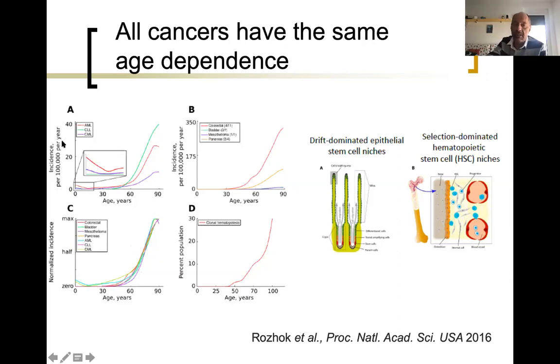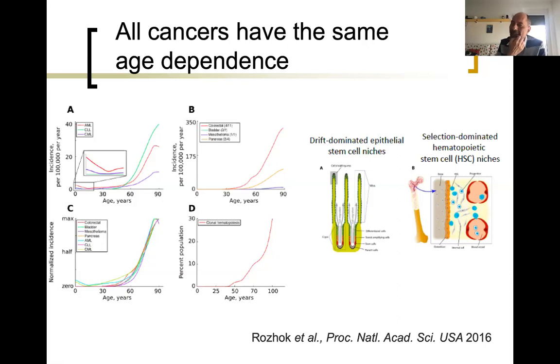Typically, this is seen in leukemia, especially acute myeloid leukemia, the AML. But then you have a very low value until you pass through 50, 60, and then you really go very much up. So cancer is a disease of aging.